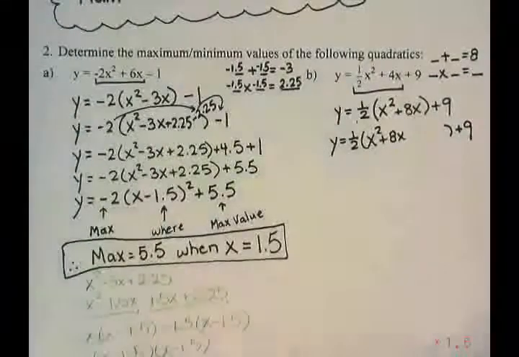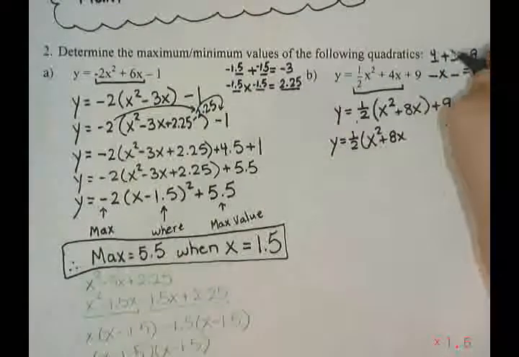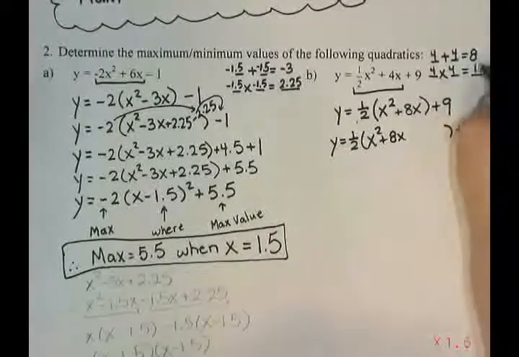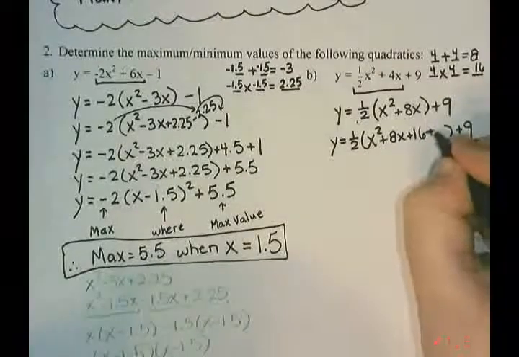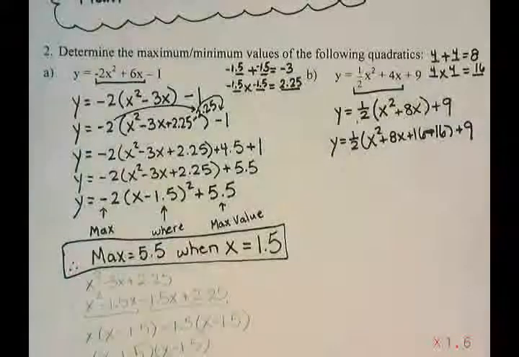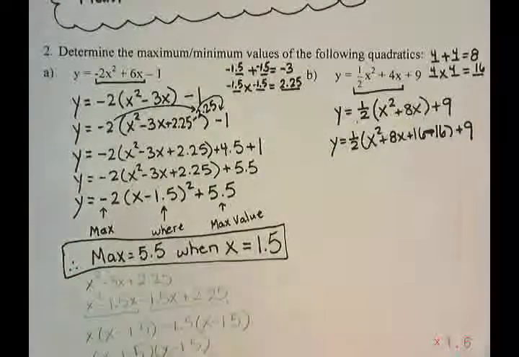Now we need the numbers to be the same, so 2 numbers that are the same that add to 8 would be 4 and 4. 4 plus 4 is 8. 4 times 4 is 16, which means my magic number here is 16, and we're going to add 16 and then subtract 16 from the bracket, because if I just add 16, it changes the whole question.